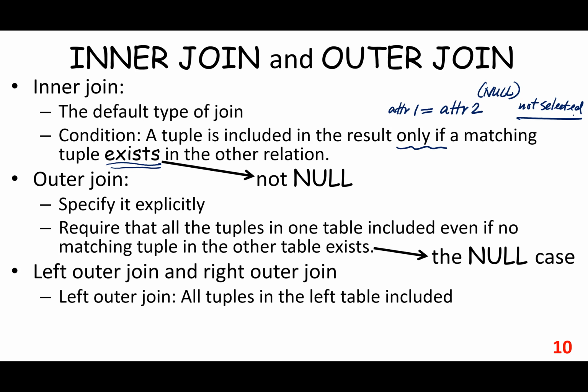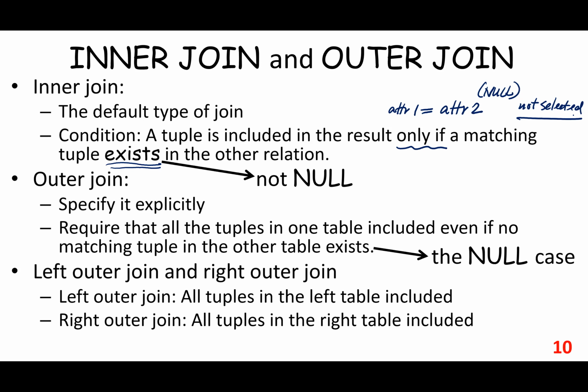Left outer join, all tuples in the left table included. Some of them may have the join condition equal to null value for the right table attribute. Null value, that's fine, still selected. Right outer join, all tuples in the right table included.